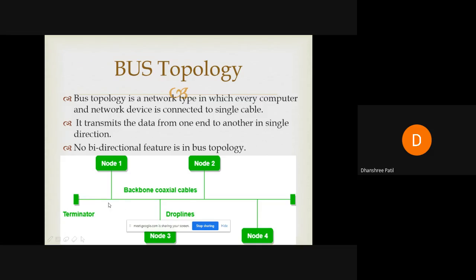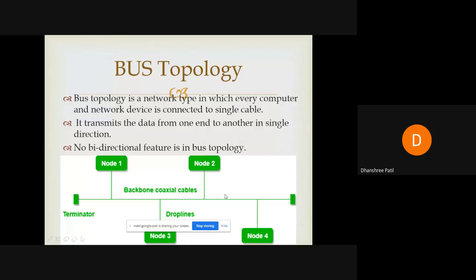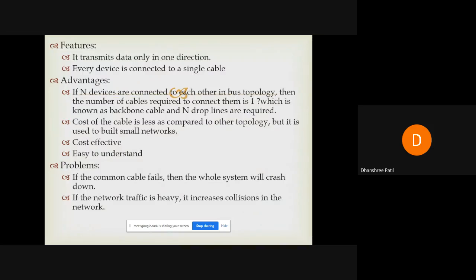The data travels in one direction, and a number of nodes or machines can be added to only one cable. So that is nothing but the bus topology. So these are the features: data transmission in only one direction, and every device is connected to a single cable.